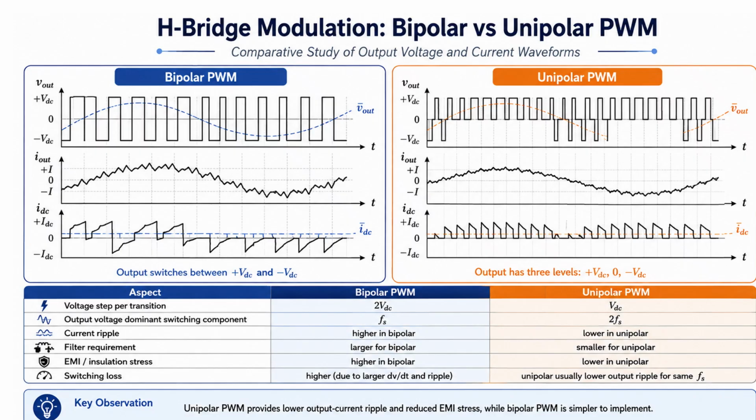However, bipolar PWM is simpler compared to the unipolar method, so most of the time bipolar PWM is selected for simple and low cost applications. If you want better quality, you go for the unipolar PWM technique.